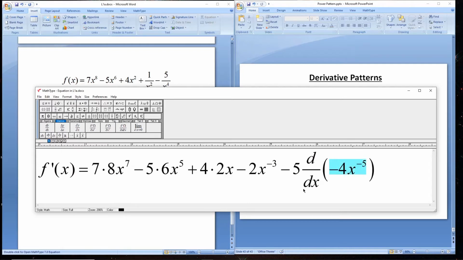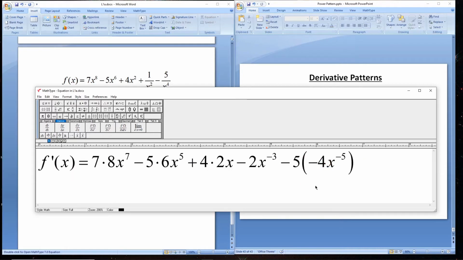I'm just going to put that one in parentheses there because it is going to be hitting this other minus sign there. And so we'll have minus times a minus is positive. And 5 times 4 is 20.